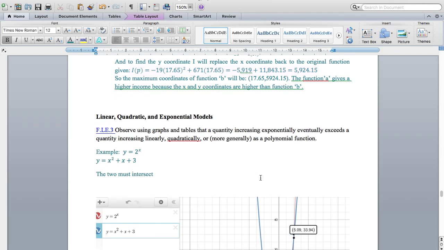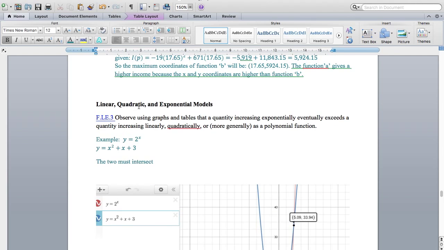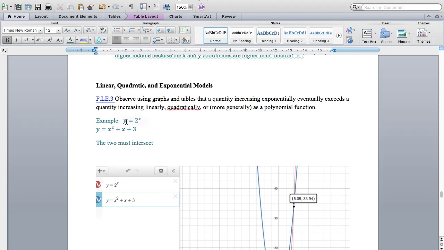Here is linear, quadratic, and exponential models. In F-LE 3, we have to observe using graphs and tables that a quantity increasing exponentially eventually exceeds a quantity increasing linearly, quadratically, or more generally as a polynomial function.